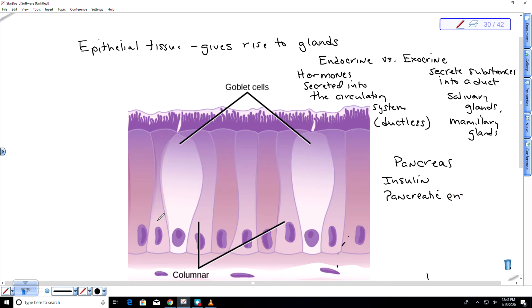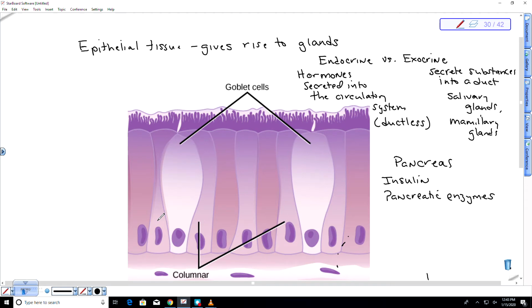So these enzymes are produced by the pancreas, and we'll talk about how they're transported to the small intestine, and they actually help to break down lipids and proteins and carbohydrates so that they can be absorbed by the lining of the intestine. So the pancreas is interesting. It's epithelial in its origin, and it is both an example of an endocrine and an exocrine gland.